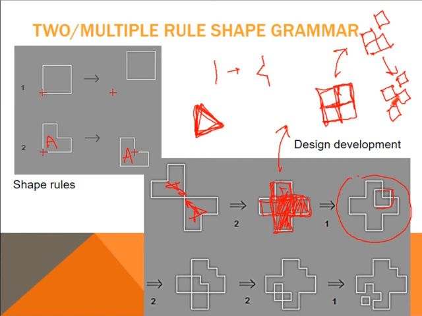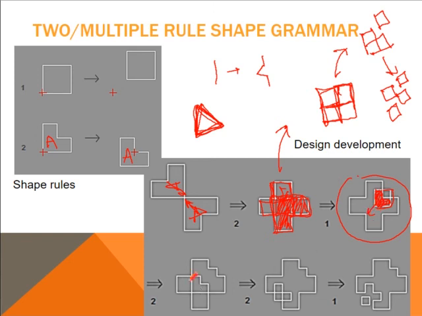But in this case, if you continue with this, from here now you have this smaller L shape. You created a smaller L shape here, and then you apply rule number 2. Basically, you move down the L shape to this corner, right?